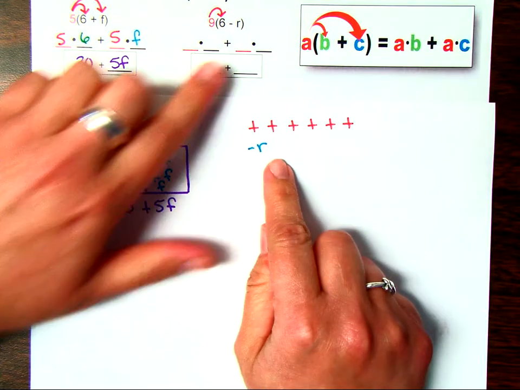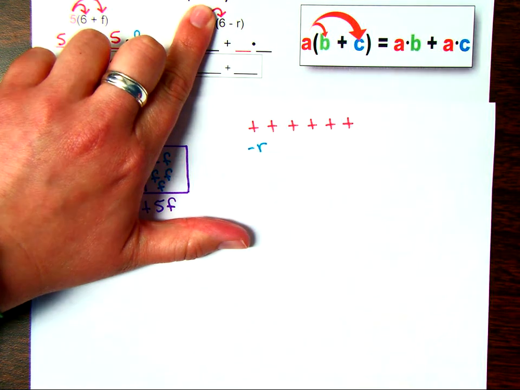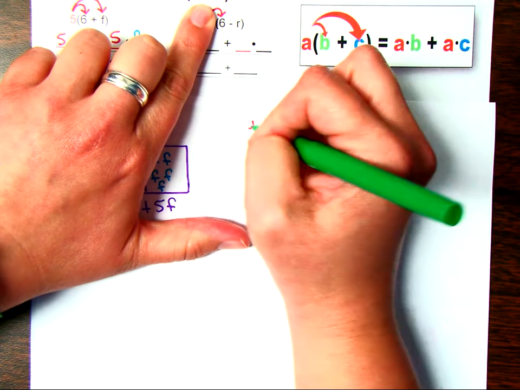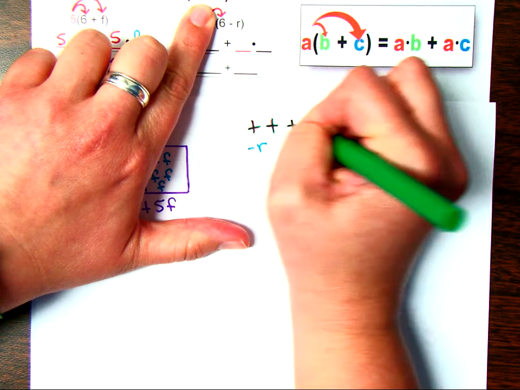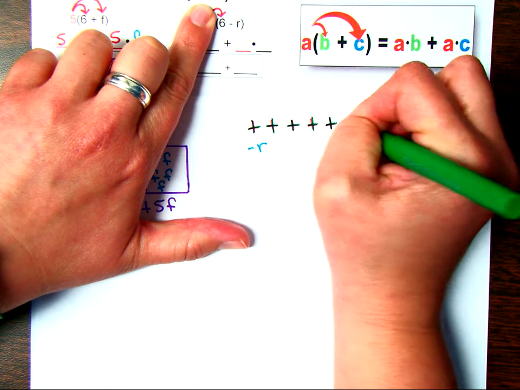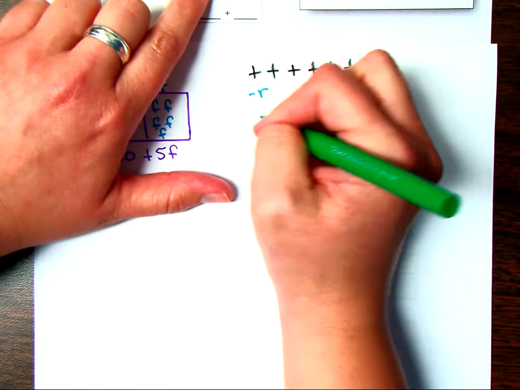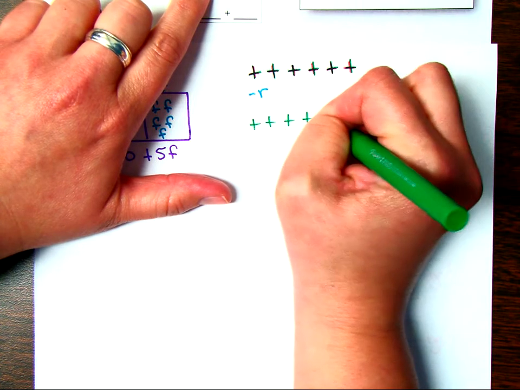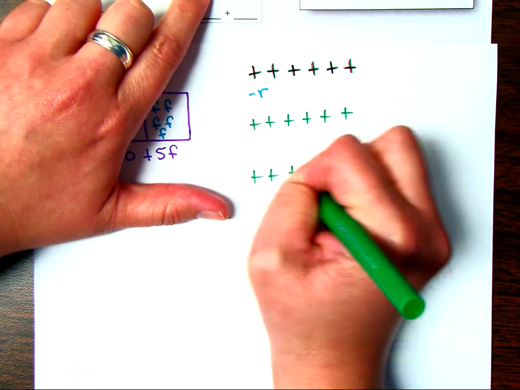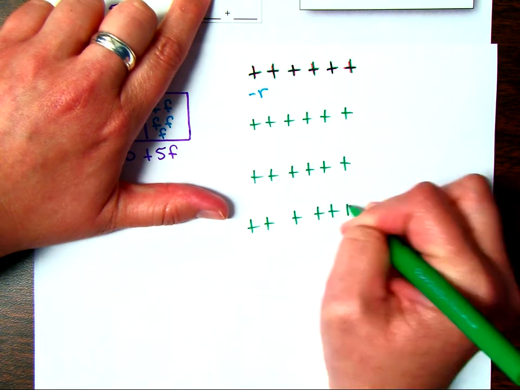If I had this in my group, 6 positives and 1 negative r, I should have done these positives in green, since those were my numbers I was doing. I was doing blue for the first part of the parentheses, blue for the second part. Well, stop and think about it. If I have that as a group, and I draw it 9 times, that's 3 groups, 4 groups, and so on.